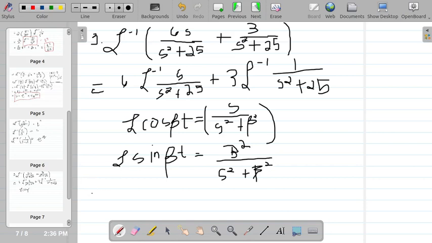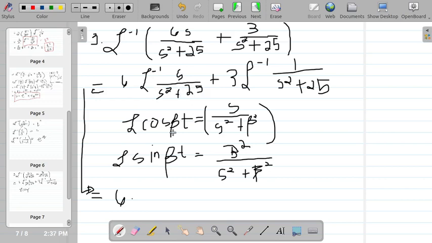So from this, we have 6 times the inverse transform of s over s squared plus 25.